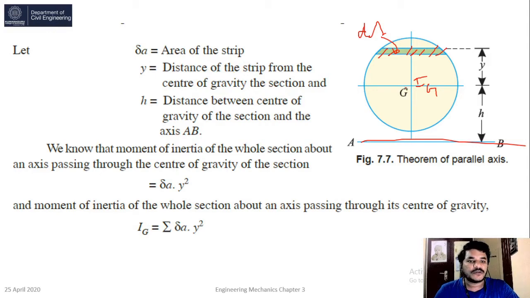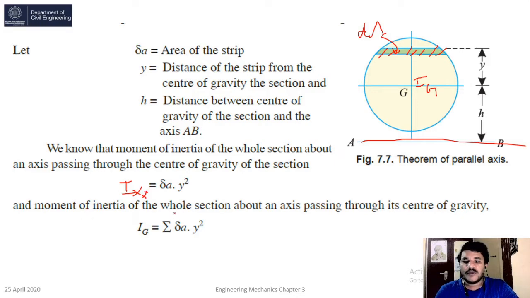Also h is the distance between the center of gravity and the reference line AB. Now you know the general formula, dA into y square, that is delta A into y square, is the moment of inertia about the xx axis, because y square means it is Ixx.